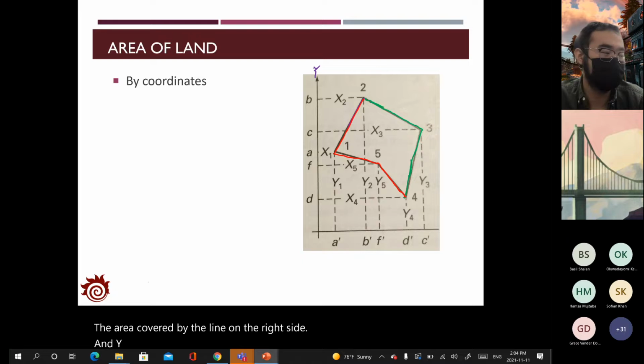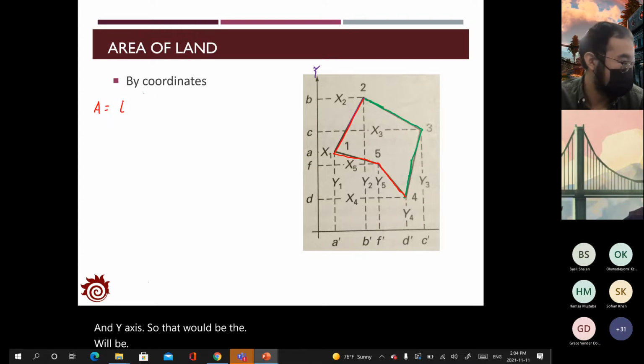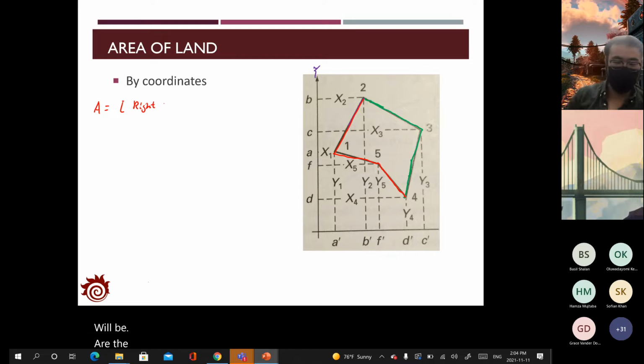So that will be the right line plus y-axis.